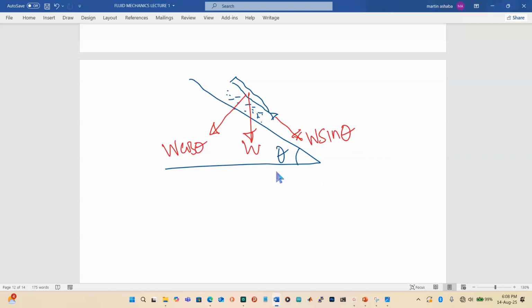According to the mechanics of an object on an inclined plane, if it is static, these forces always appear there.